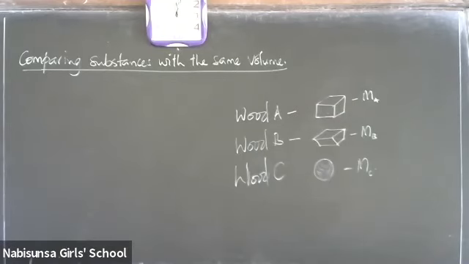But if the shape is irregular, for example wood B and maybe wood C, then we can use the displacement method to determine the volume of such a sample.